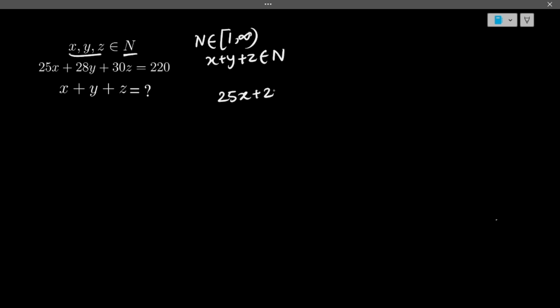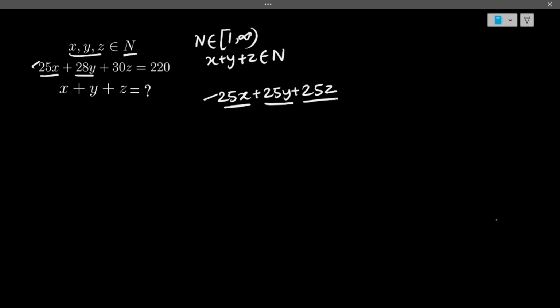25x plus 25y plus 25z. Now we will compare this quantity with this quantity. So how will we do it? Now see that the coefficient of x in this quantity is 25 and also the coefficient of x in this quantity is 25. So those are the same. The coefficient of y in this quantity is 25 but in this quantity it is 28, and 25 is less than 28.